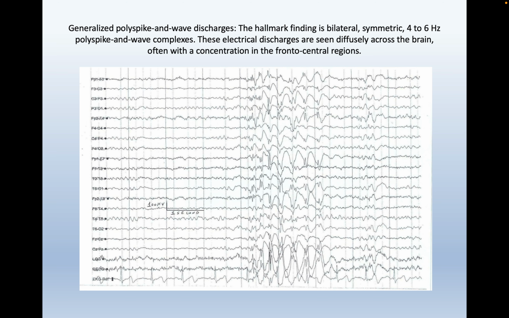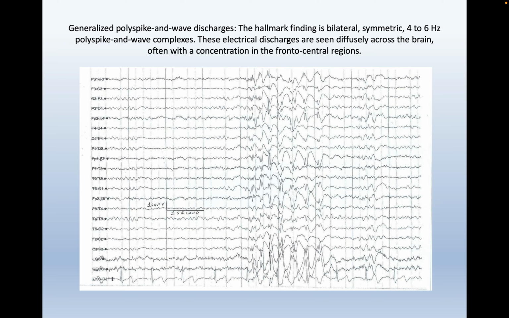It is bilateral, not only in one hemisphere but in both hemispheres, symmetrical, a 4 to 6 hertz polyspike and wave complex. The electrical discharges are seen diffusely across the brain and are often concentrated in the frontotemporal or frontocentral region. Sorry, the frontocentral region.